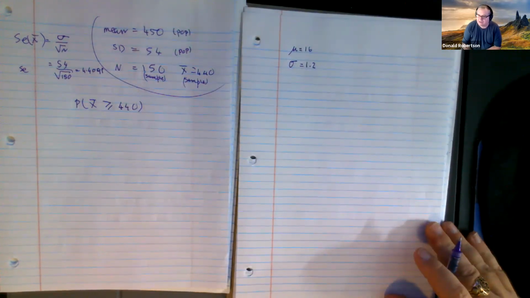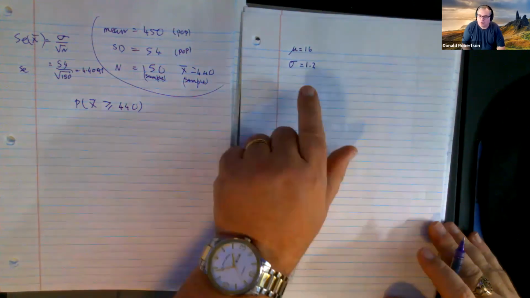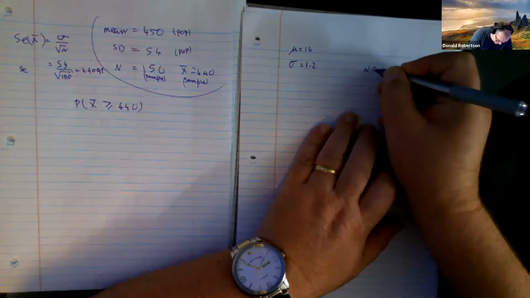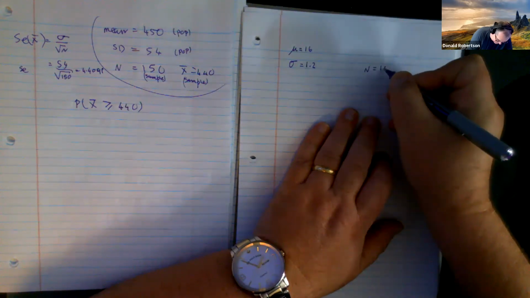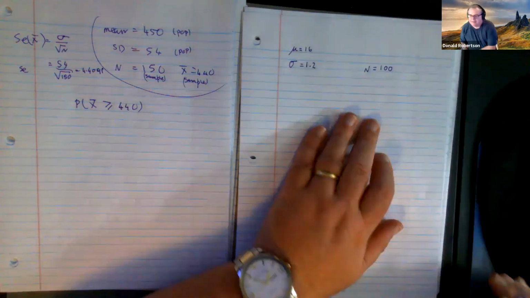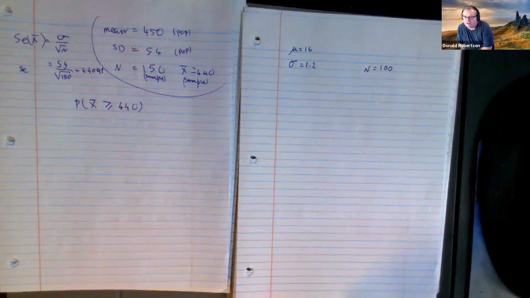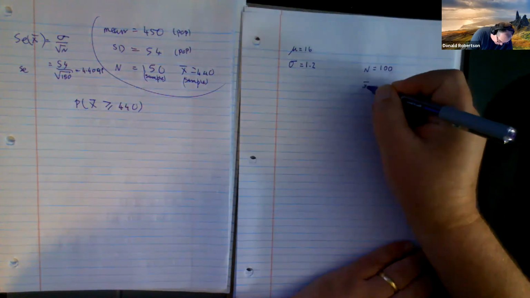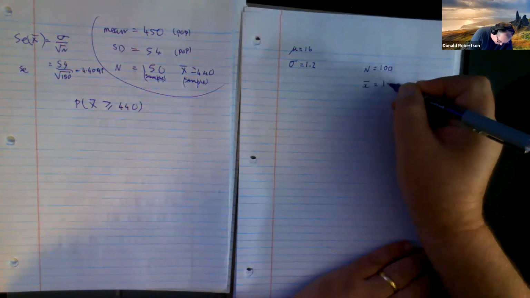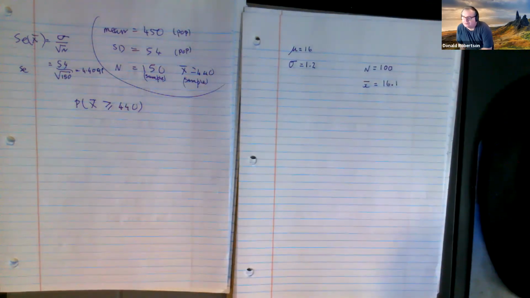Okay. From time to time, we grab 100 boxes and weigh them. And in this 100, the answer that came out was 16.1 ounces.